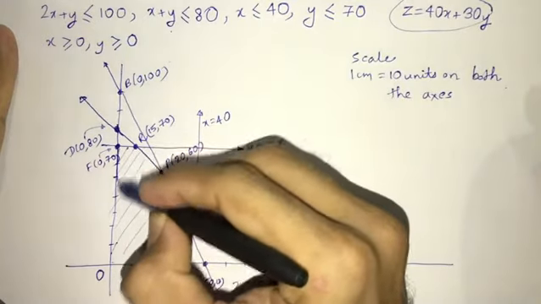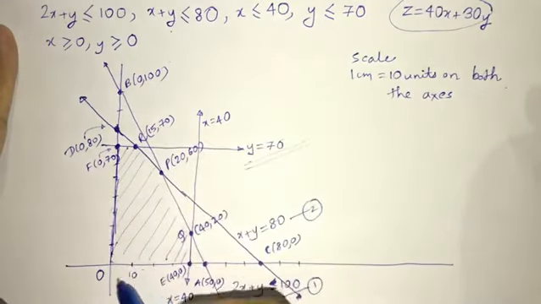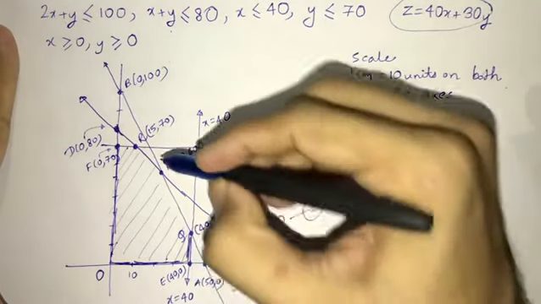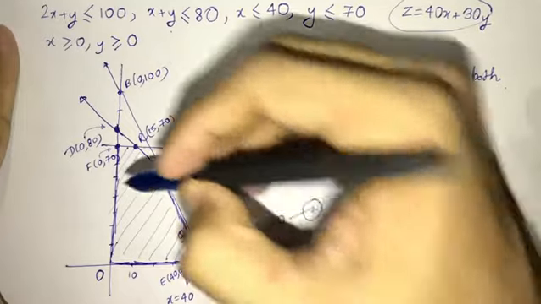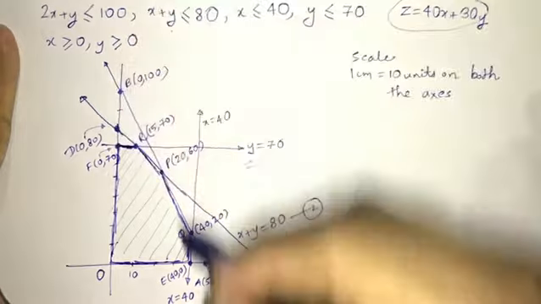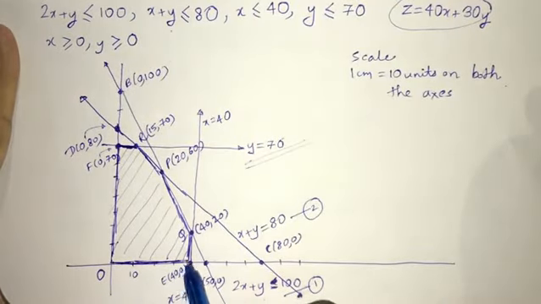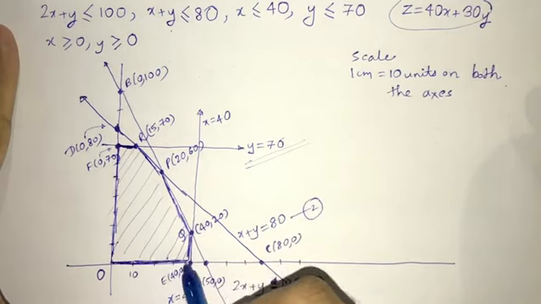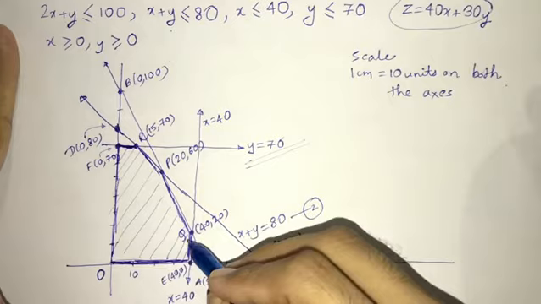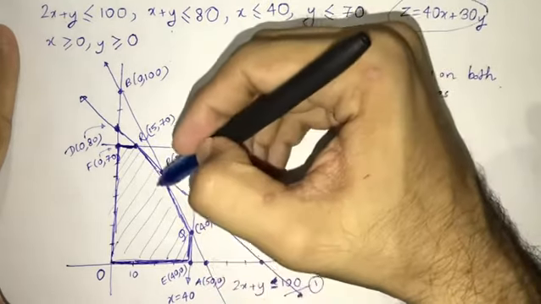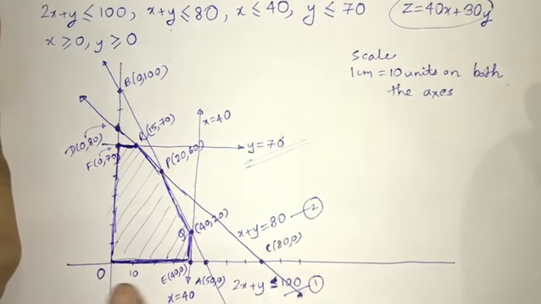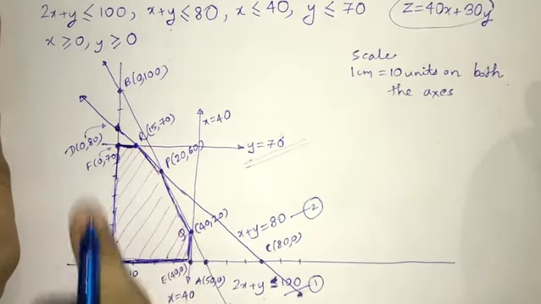So the feasible region is O, E, Q, P, R, F. It's a hexagon, not a regular hexagon, but a six-sided figure.